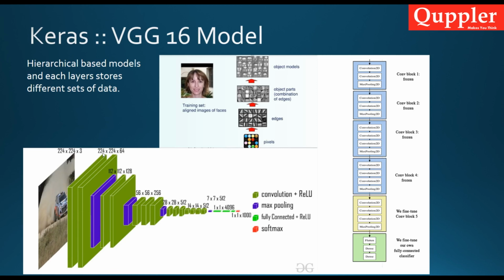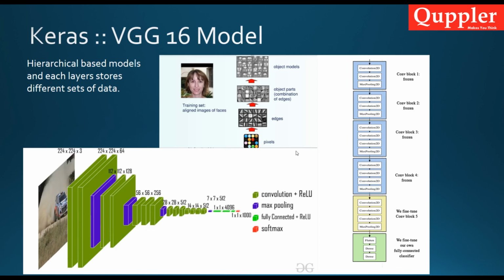So once max pooling is applied, the dimension got reduced and the channels got increased. After every block, once the image is transferred from one block to another, from the third block, fourth block, the dimension is getting reduced and the channel is getting increased.